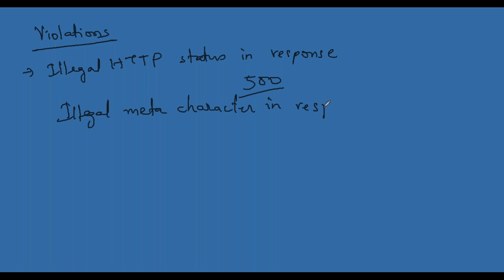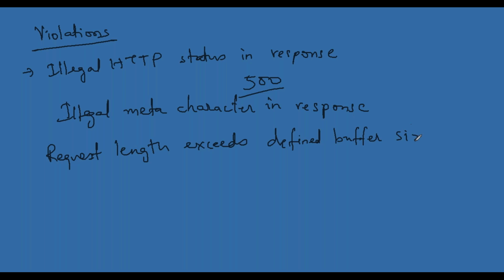If according to the security policy that meta character is not allowed, then it will trigger this specific violation. Or if your request length itself exceeds the defined buffer size, then it will trigger a violation.